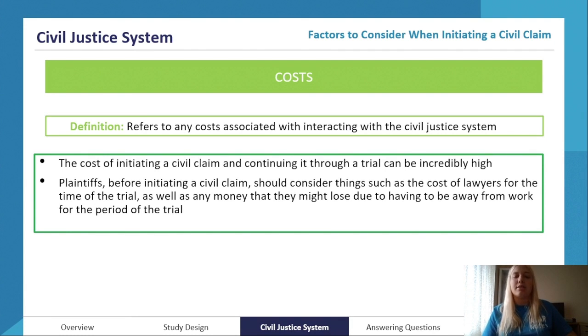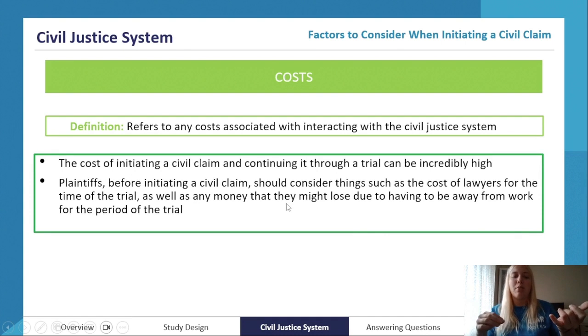And what are our concerns as a plaintiff when it comes to costs? The cost of initiating a civil claim and continuing it through a trial can be incredibly high. So, plaintiffs, before initiating a civil claim, need to consider many things. The cost of actually initiating the claim, because you have to pay for that too. To initiate a claim through the courts, you have to pay a fee. The cost of lawyers, so paying for a barrister for the duration of the trial to represent you in court, and paying for a solicitor for all of your legal documentation, including additional expenses.